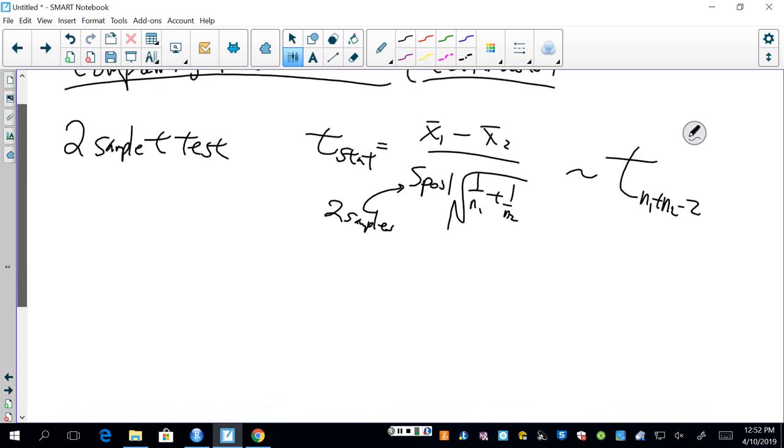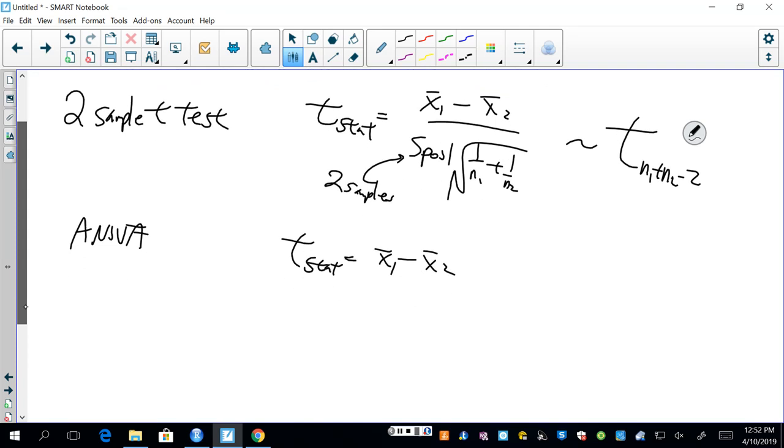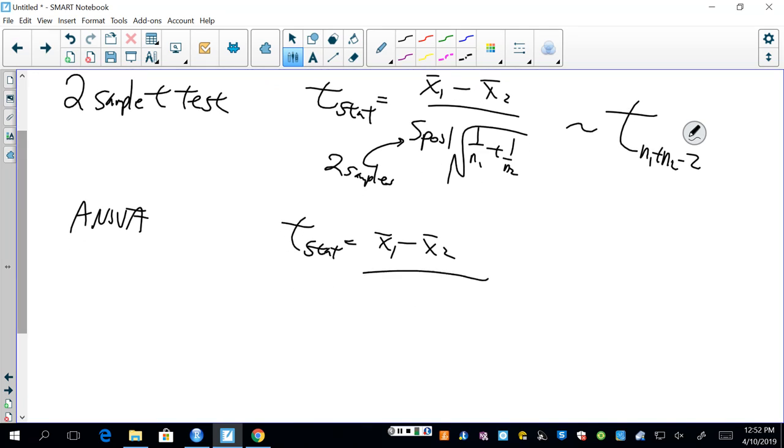But in ANOVA, the statistic we use looks much the same, but there are just subtle differences that get used in that comparison. Instead of using the pool for just those 2 particular samples, we have a bunch, so we're going to use the square root of mean square error as that estimate of the same thing.